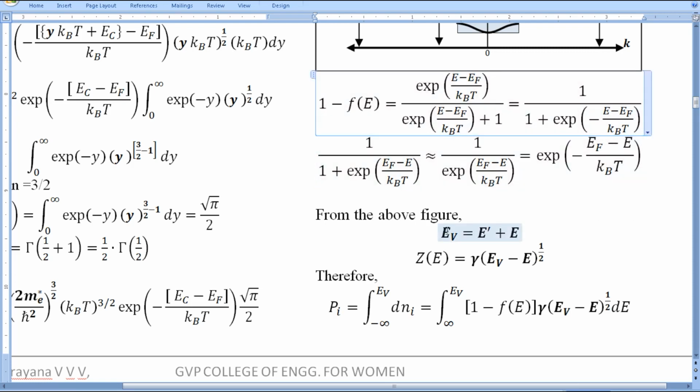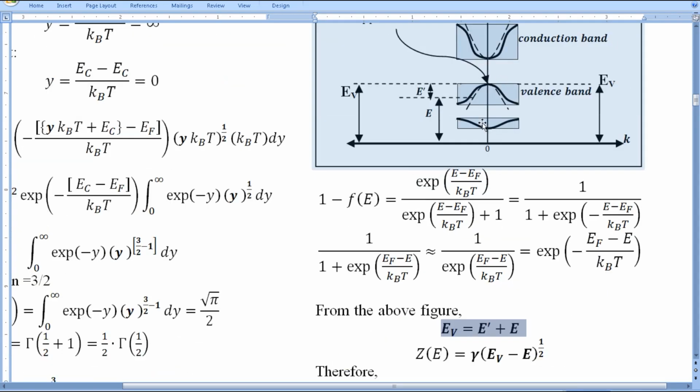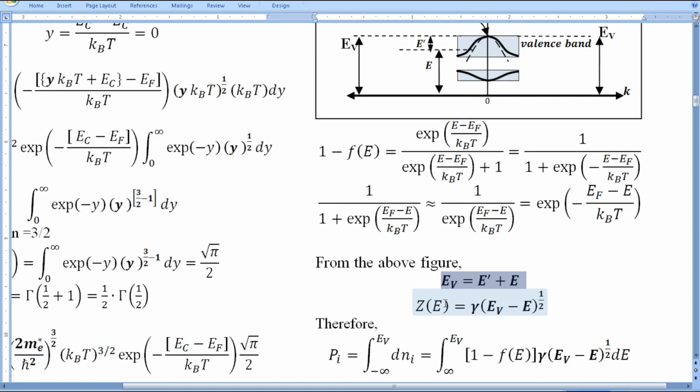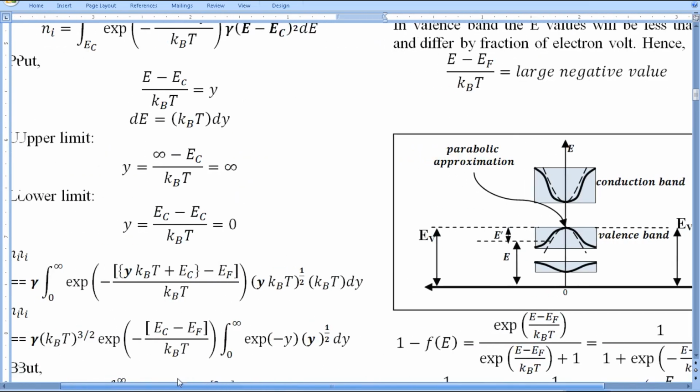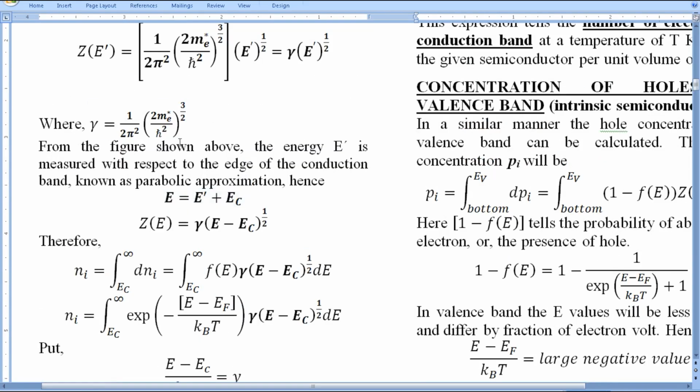Let us substitute it here. As we have already derived from the previous picture, this value is EV equal to E dash plus E, and Z of E dash will be gamma times of this. In the previous video, we called this gamma. What is gamma? This 1 by 2 pi square into 2m by h cross square power 3 by 2, this constant, we are calling it gamma. It is coming from the density of states function.